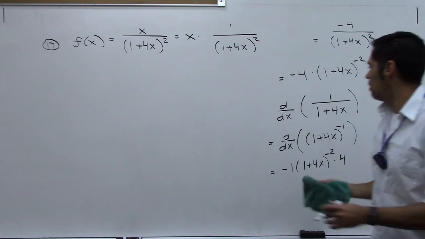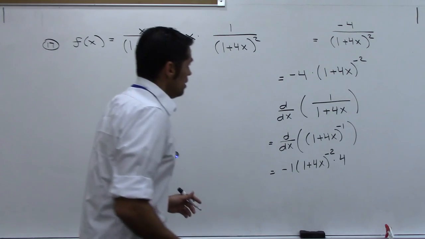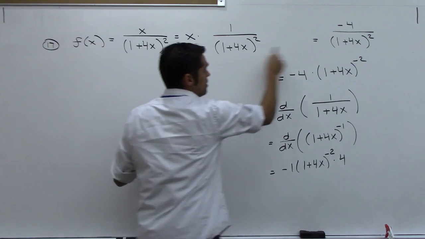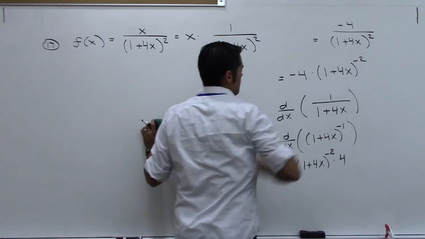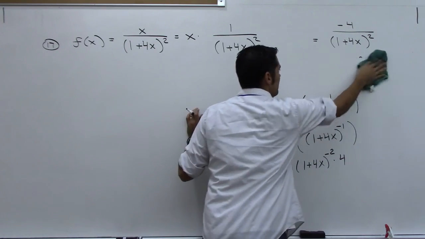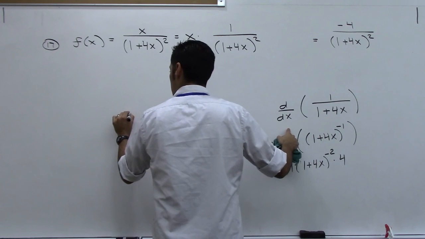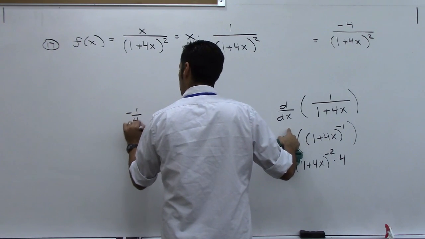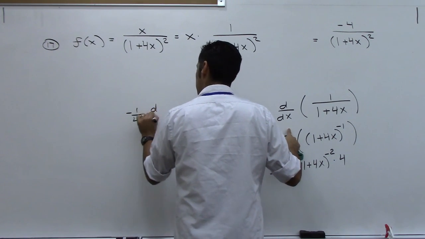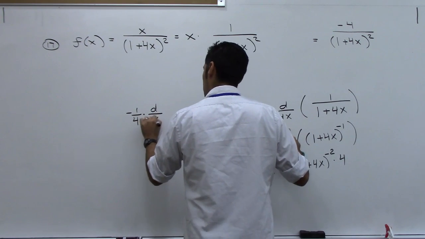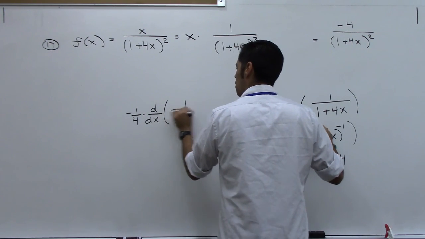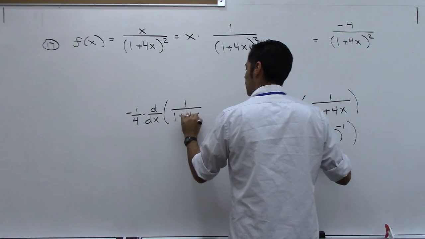So watch what I'll do here. The only difference between this and this is the negative 4. So if I come back and I say now, take negative 1/4 times the derivative of 1 over 1 plus 4x.